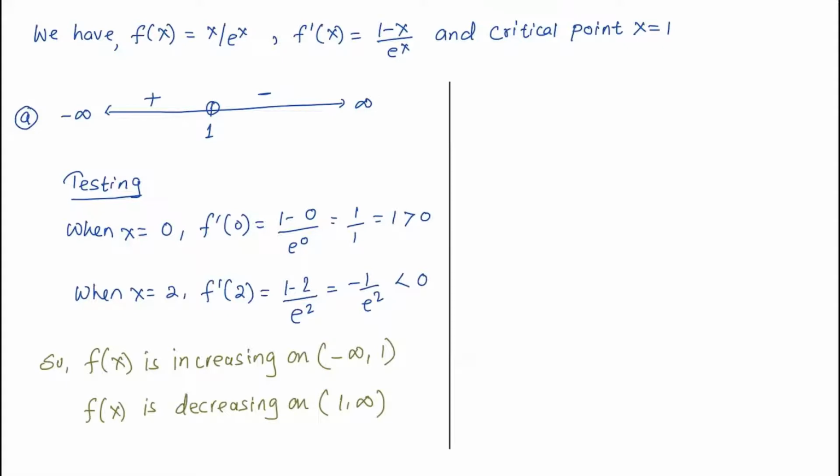Let me show you in this case. If I want to sketch the graph of that function, which is x over e to the x, let me draw the axes first. This is my x-axis, this is y-axis. If you want to sketch the graph of the function x over e to the x, your graph will look something like this.